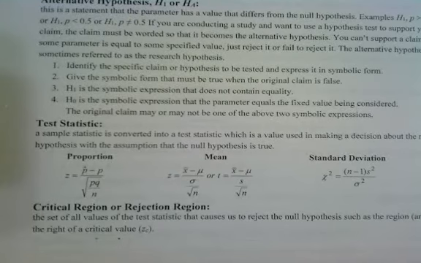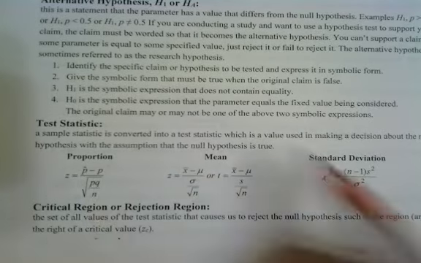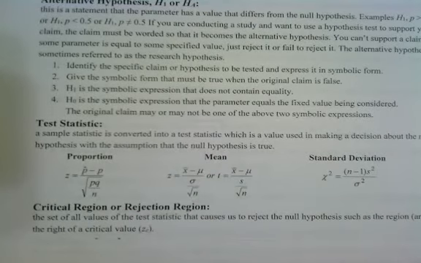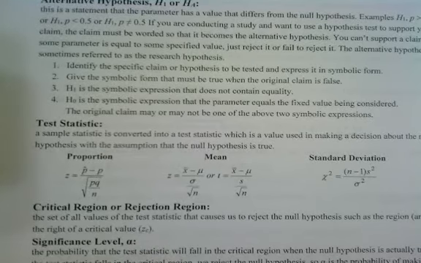Things on the outside are less likely to happen. Things in the middle are more likely to happen. So if it's on the outside, if it's beyond these test statistics, the critical region, then we can inferentially say that it's unlikely to be true.